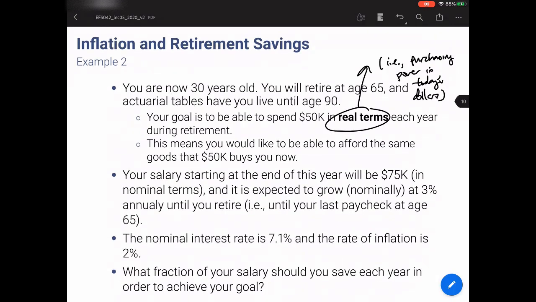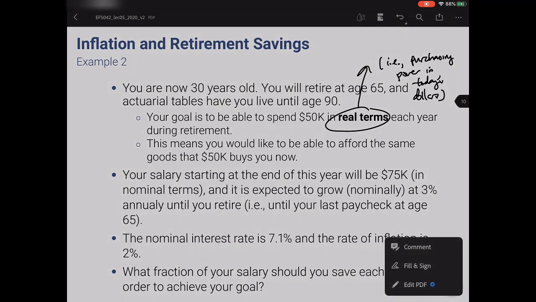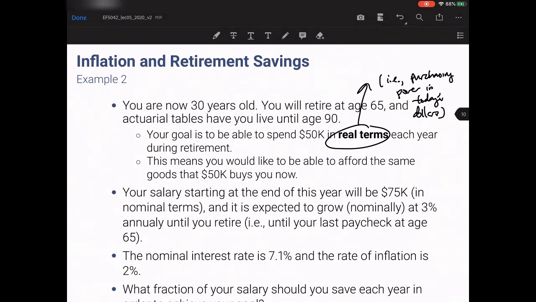So let's think about what this retirement savings plan looks like visually using a timeline. For this first bullet point, we stated that we're going to retire at age 65.